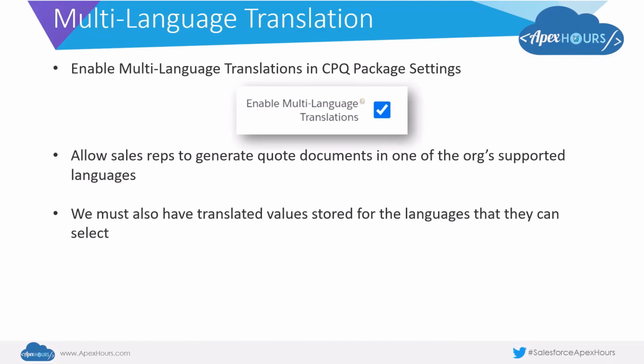This would allow sales reps to generate quote documents in one of the org's supported languages. We must also have translated values stored for the languages that they can select. I urge you to go and look at help.salesforce articles in relation to multi-language translations so that you understand how you could create separate template contents for different languages for which you require translations.